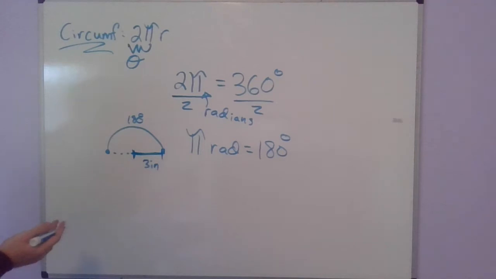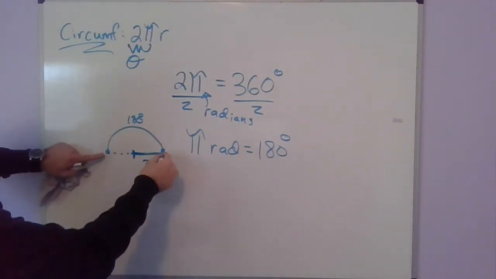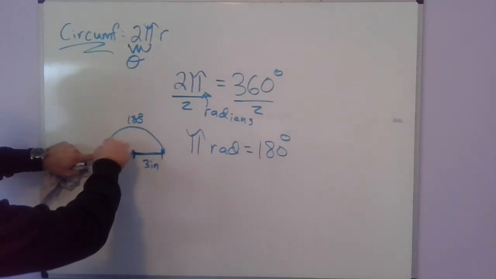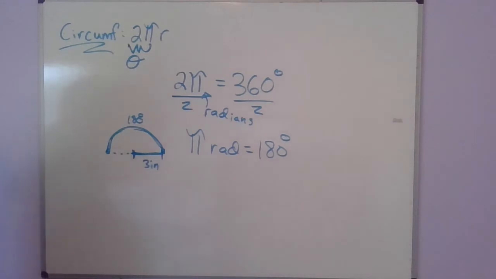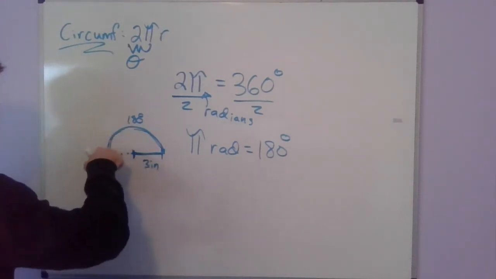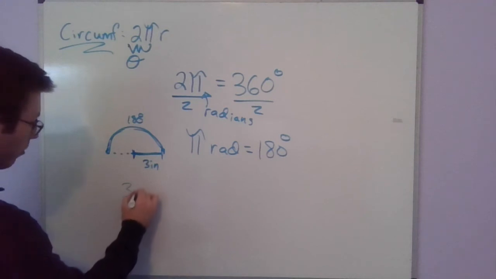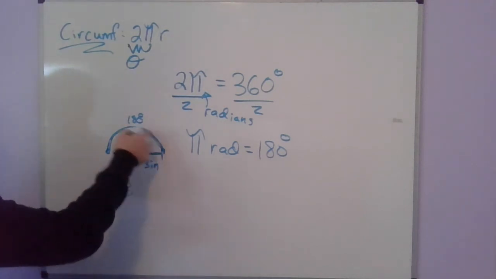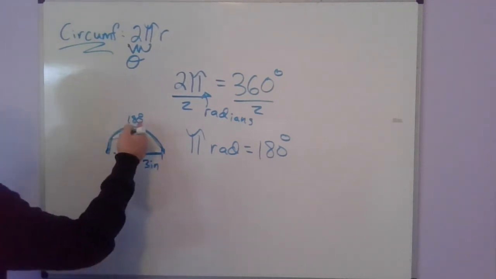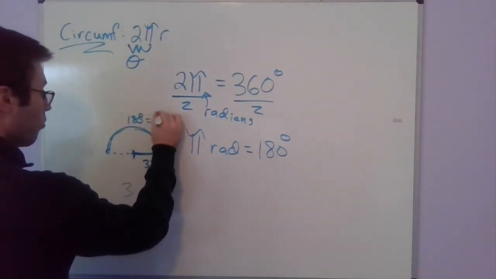We could figure out the circumference, the arc length, not of the entire circle, but just of the upper half of the circle here. So the arc length from here to here would be the radius, 3, times whatever this is in radians. Well, we know 180 degrees is just pi radians.